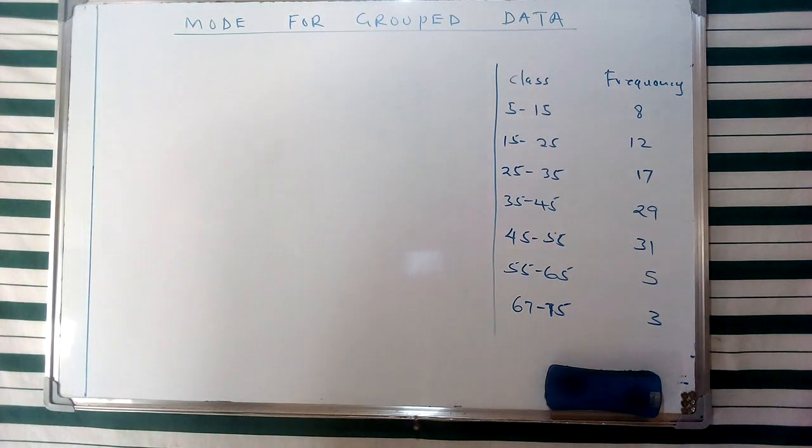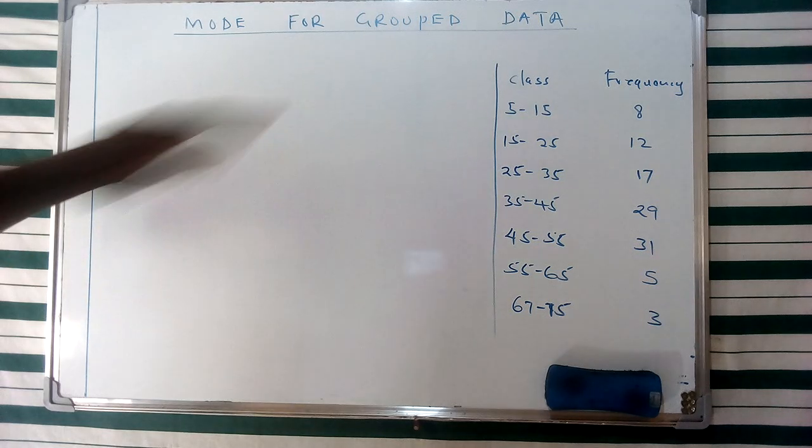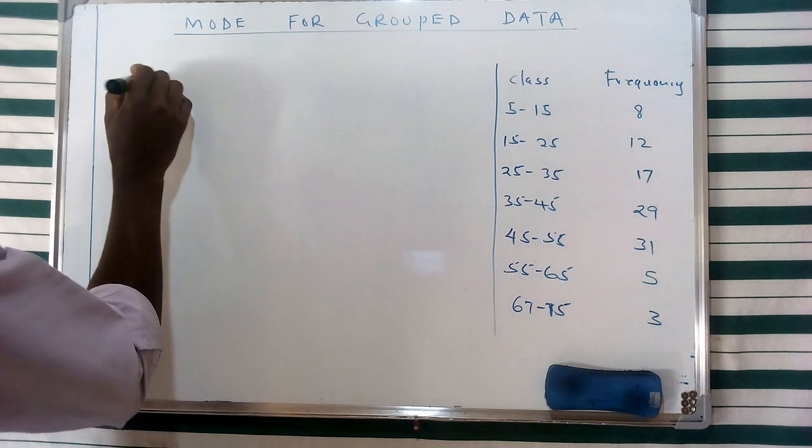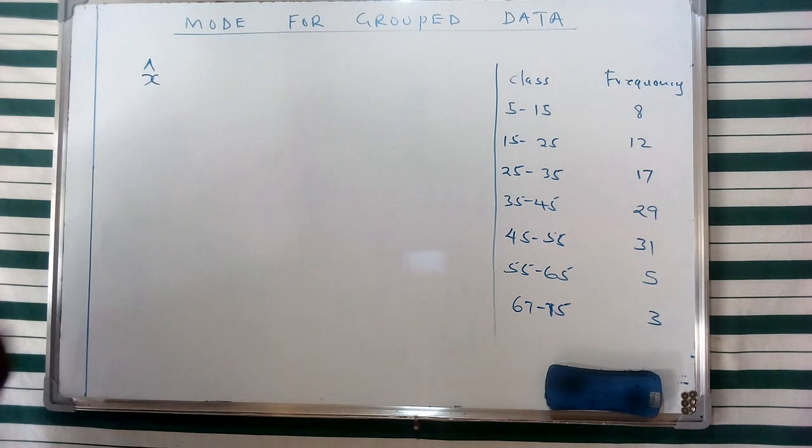And of course, in trying to find the mode for grouped data, that's going to encompass that set of values for the lower and upper class limits and some of the characteristics we had looked at. In that case, I mentioned that we're going to represent the mode using a particular notation.